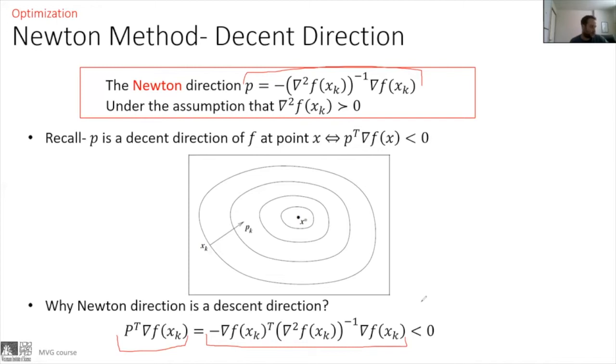An equivalent definition of positive definite is that for any vector that we multiply from both sides, we get that this thing is larger than 0. So we got that our inner product with the gradient is smaller than 0, which means that we have a descent direction. What is the difference in performance between this Newton method and simple gradient descent?